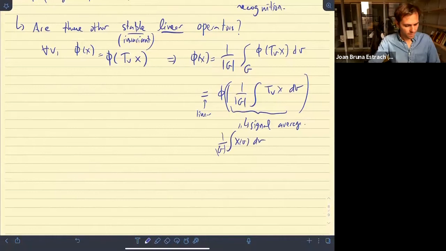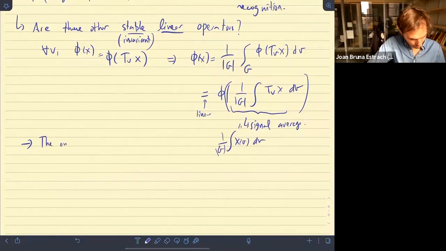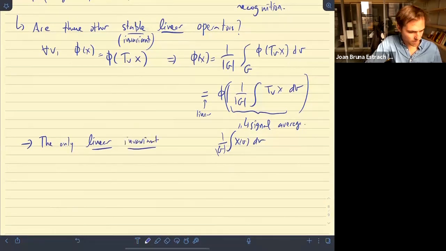And so the conclusion is that the only linear invariant operator is the average.